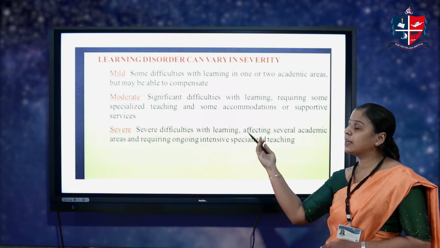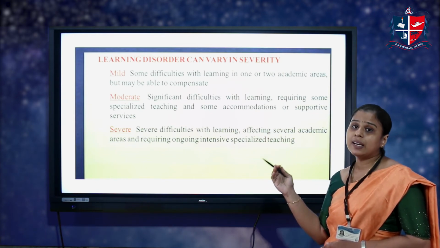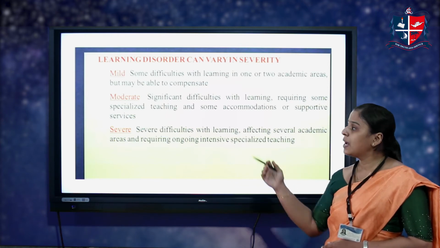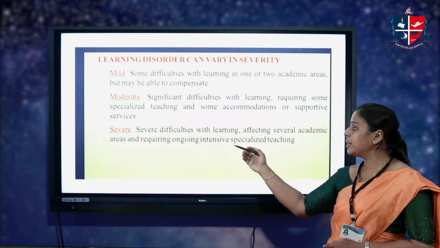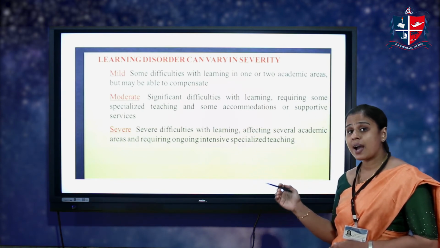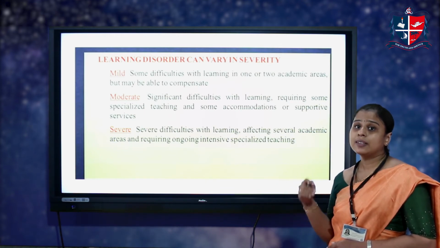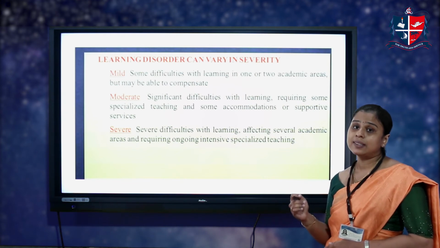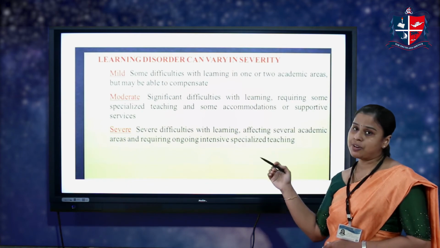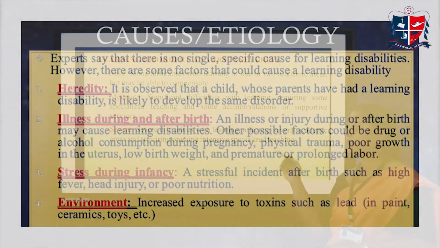But in the moderate case, they have significant difficulty, so they need proper training at the academic level. In severe cases, their academic areas are severely affected and there is a high chance of dropout, so the child should be educated in a special school. In mild and moderate cases, with proper training and proper treatment, we can manage.